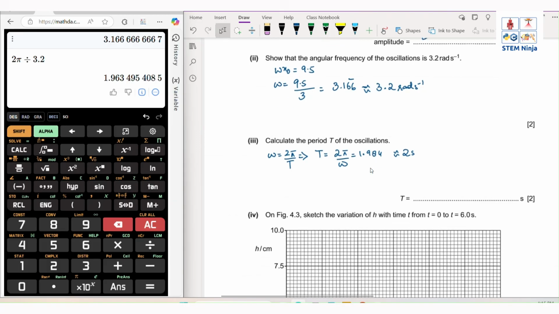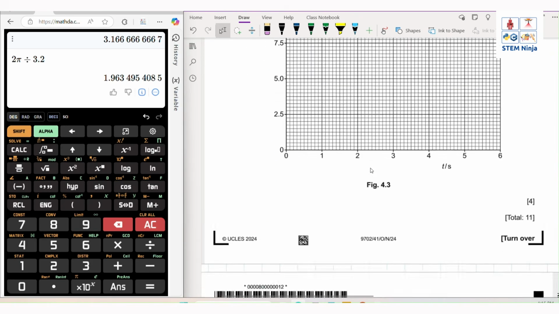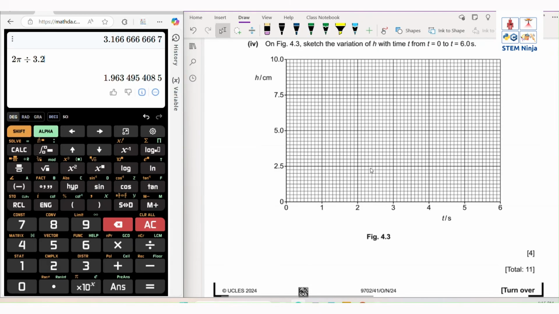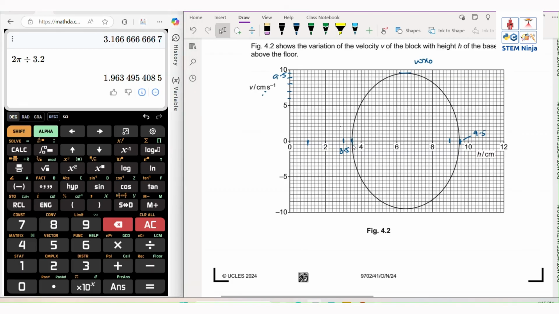On figure 4.3, sketch the variation of height with time. Previously it was height with velocity, now we need height with time. We need to know what the mean position is. So this is 3.5 plus 3, the mean position is 6.5.